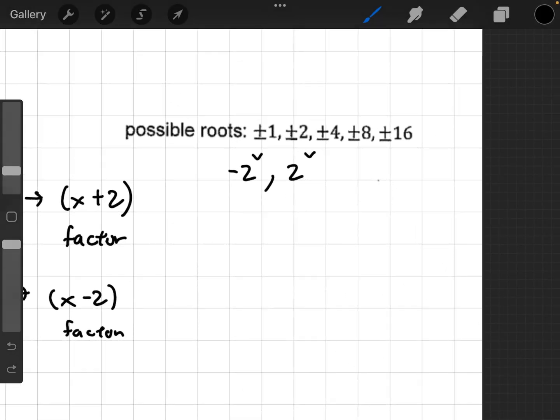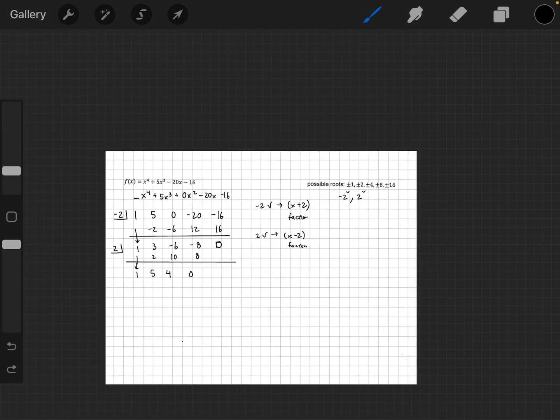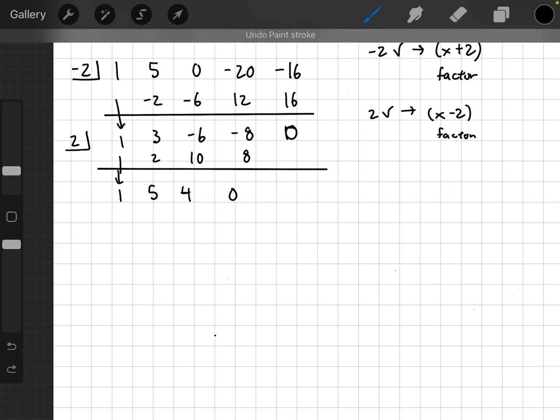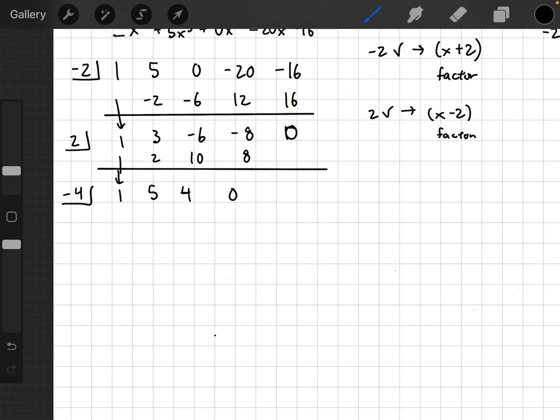Now from the list of possible roots, we've done both positive and negative 2, so let's just move down the line and choose negative 4. Negative 4 on this side, negative 4 over here.